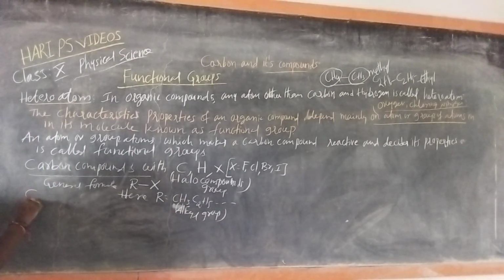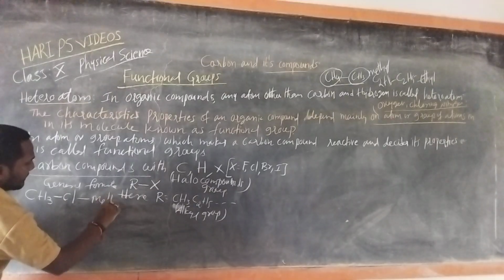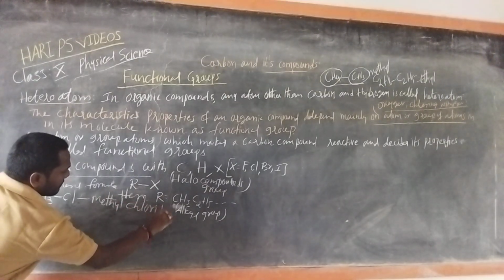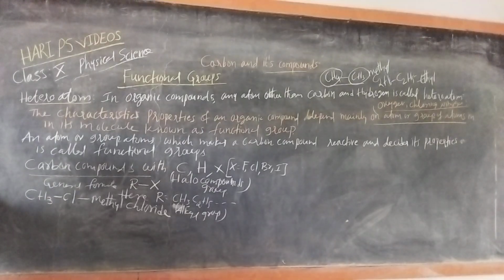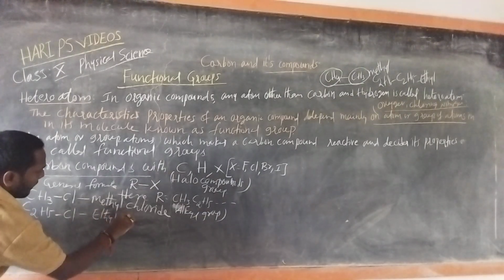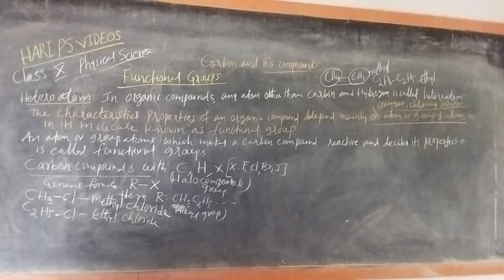For example, CH3Cl is called methyl chloride. If it is C2H5Cl, it is called ethyl chloride.